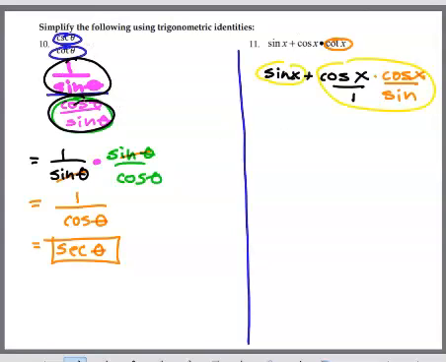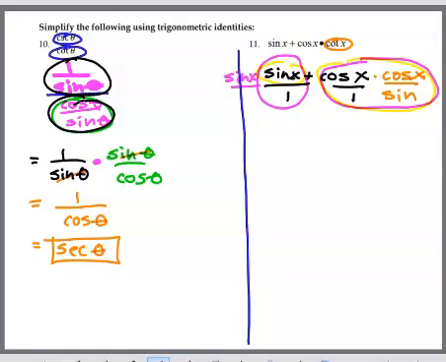So what I probably want to do, because I have two different terms, is come up with a common denominator between the right part here that I circled in the yellow. I'll highlight it more with circling in pink. Come up with a common denominator. So I have a denominator of sine there. I could come up with a denominator of sine here. And I can do that by multiplying the top by sine and the bottom by sine.